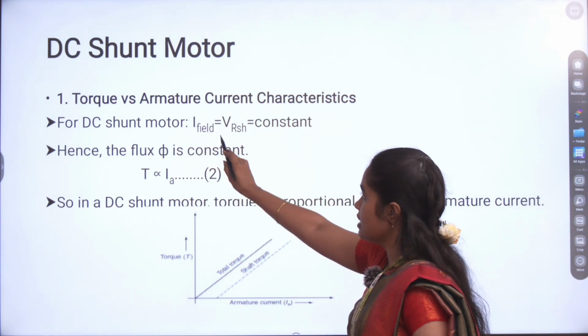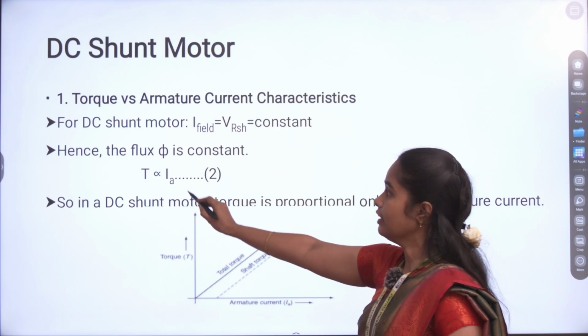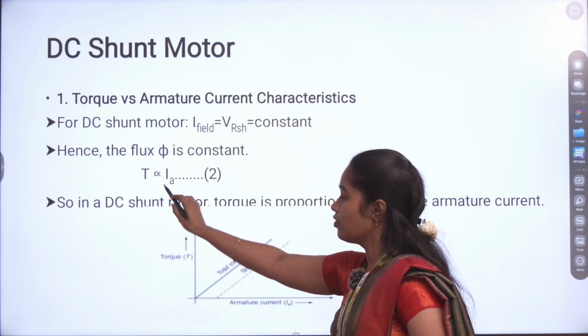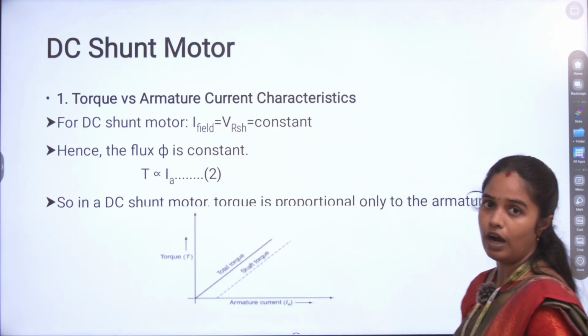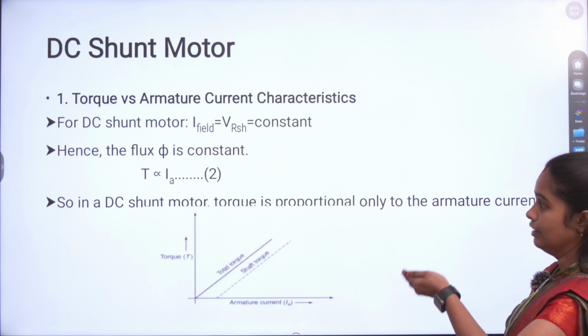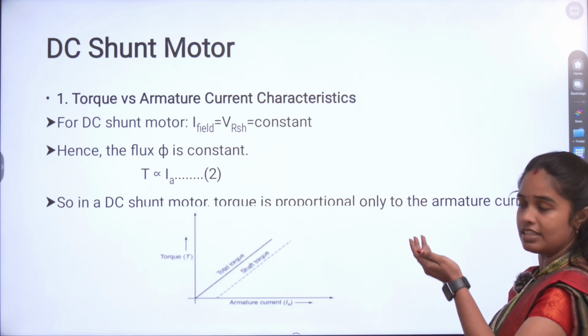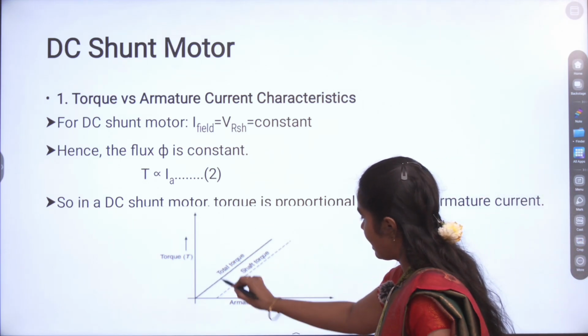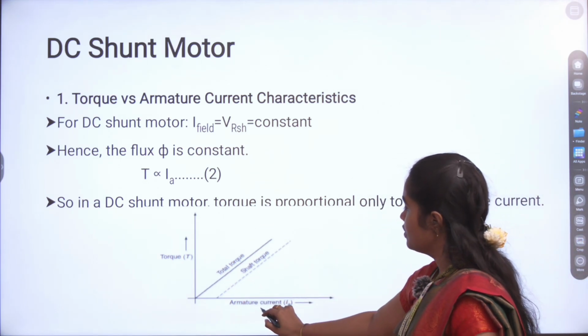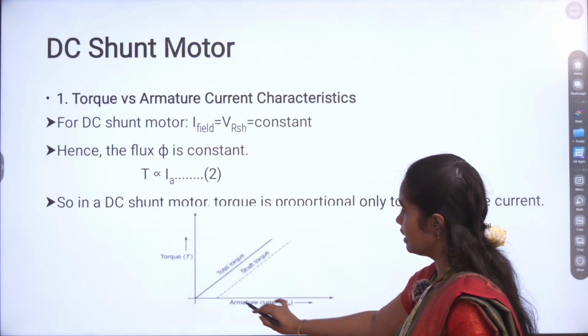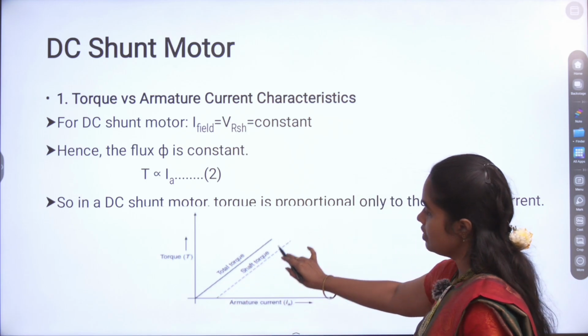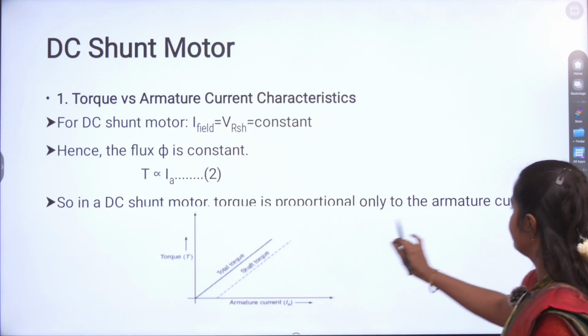The field current is constant, so we neglect that, and finally we get T directly proportional to Ia. That means whenever the torque is increased, the armature current is also increased. This characteristic curve is shown in the figure. Whenever the armature current is increased, the torque is also increased, so the curve is linear.